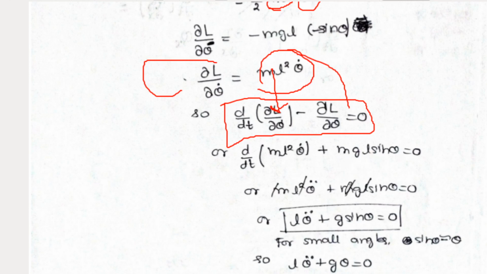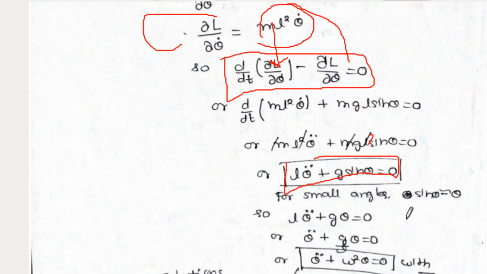This m and this L will be cancelled out, and we are left with L theta double dot plus g sin theta is equal to 0. So this is the general equation of motion of the simple pendulum, right? But for a small angle, we can write sin theta is almost equal to theta.